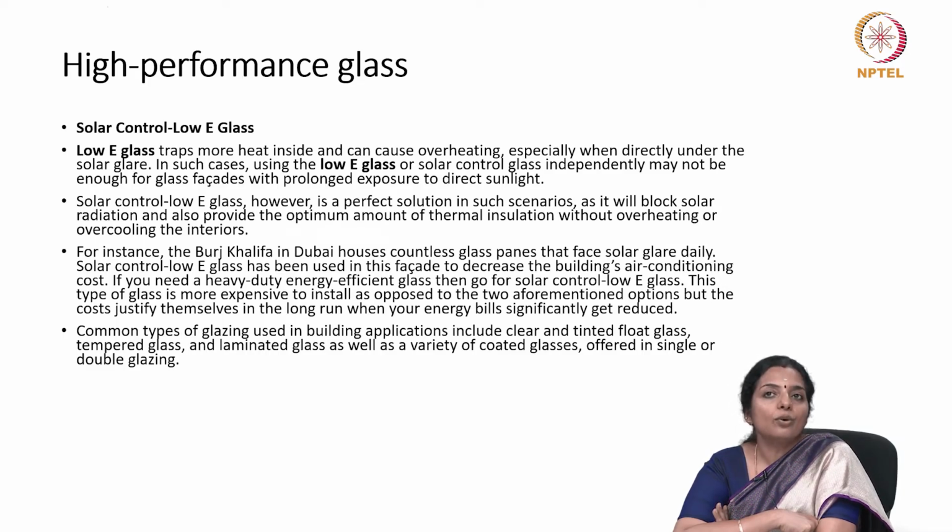Solar control low E glass, however, is a perfect solution in such scenarios as it will block solar radiation and also provide the optimum amount of thermal insulation without overheating or overcooling the interiors.